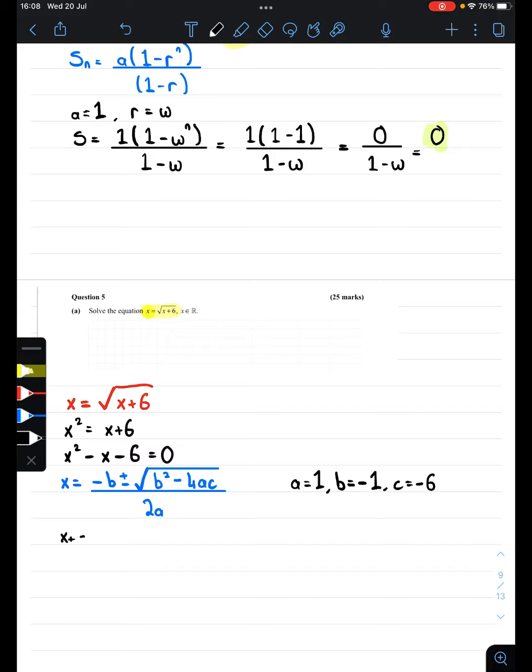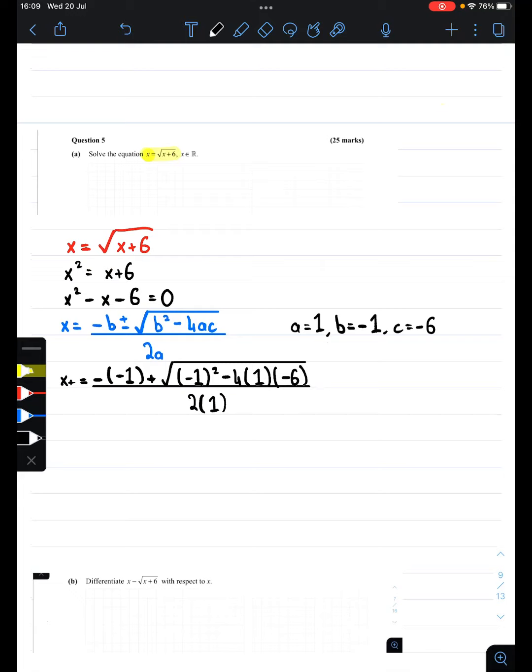x plus equals minus minus 1, plus the square root of minus 1 squared minus 4 times 1 times minus 6, all over 2 times 1.